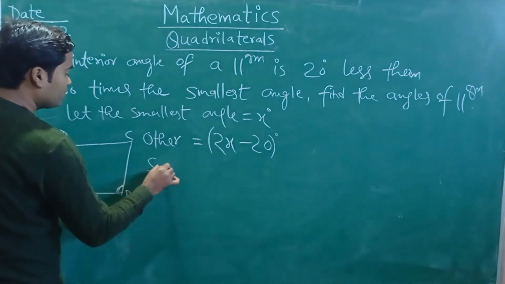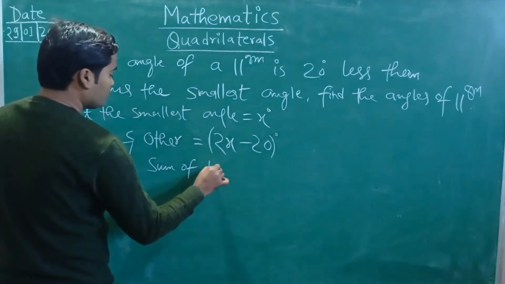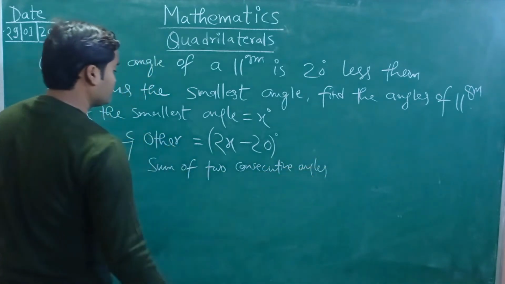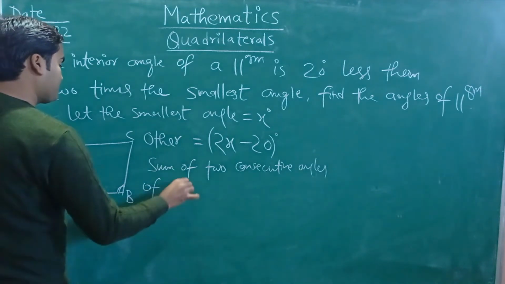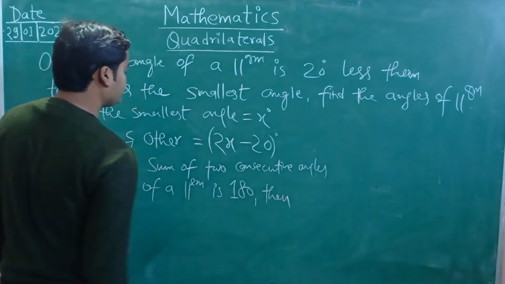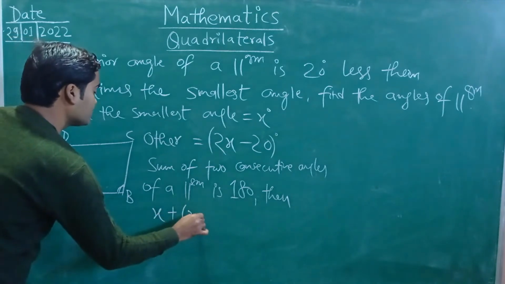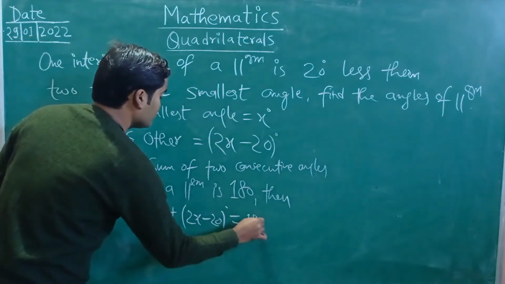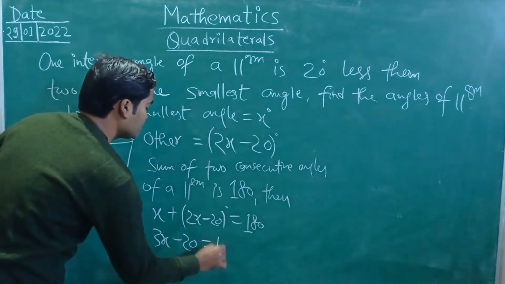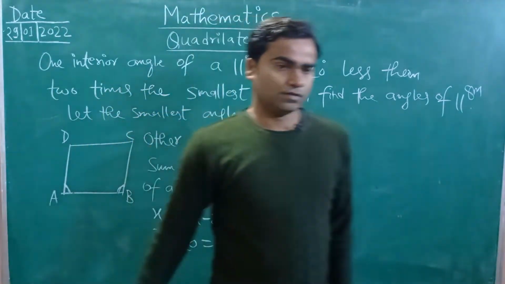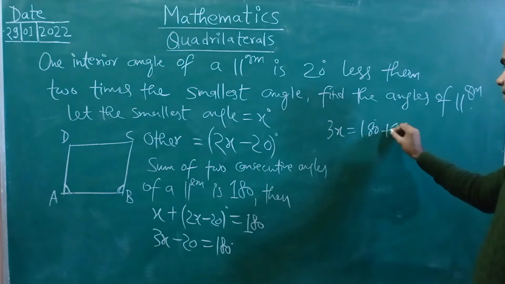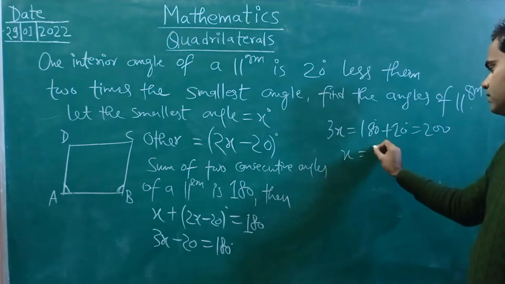So the sum of two consecutive angles of a parallelogram is 180 degrees, then x plus 2x minus 20 is equal to 180. 3x minus 20 is equal to 180. 3x is equal to 180 plus 20, 200, and x is equal to 200 upon 3.